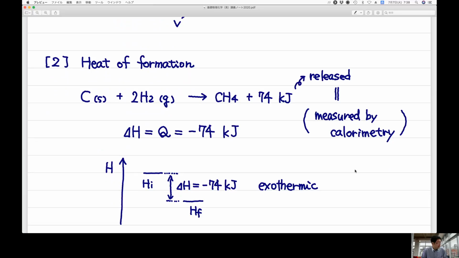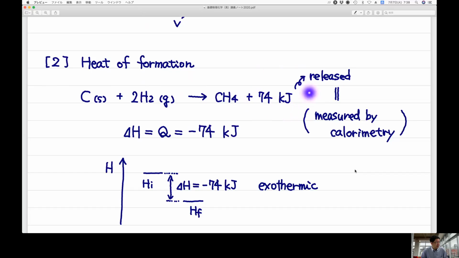I would like to explain that part by the use of this chemical reaction. The solid carbon can easily react with hydrogen gas, two molecules, to produce methane with 74 kilojoules of heat released.